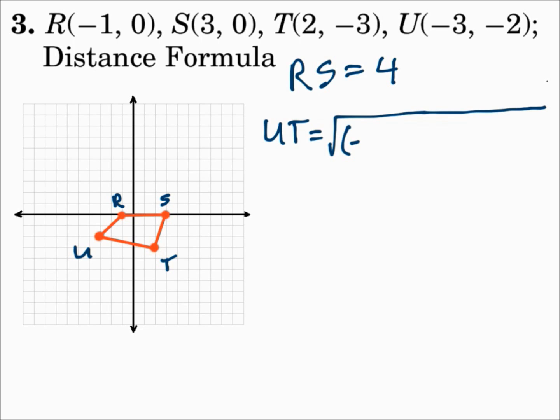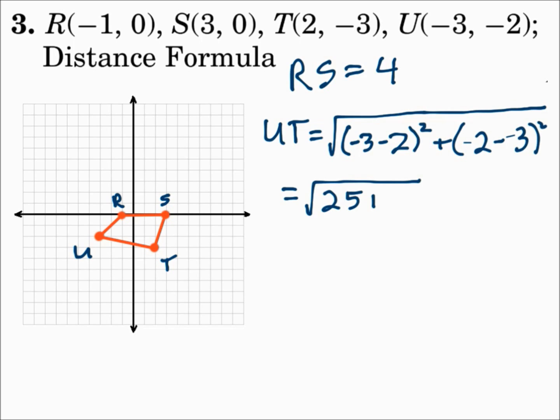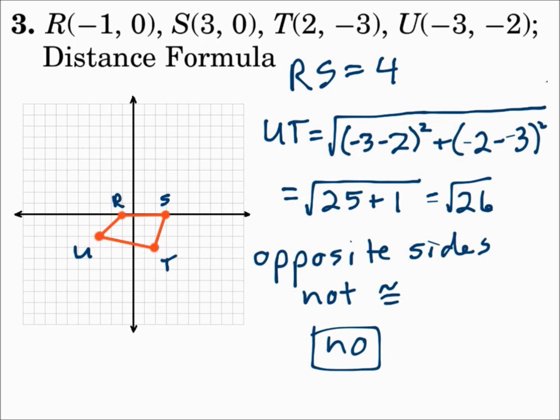The square root of (x2 minus x1) squared plus (y2 minus y1) squared, and that gives you the square root of 26. Since 4 is not the same as the square root of 26, we don't have opposite sides congruent. So since opposite sides are not congruent, no, it's not a parallelogram.